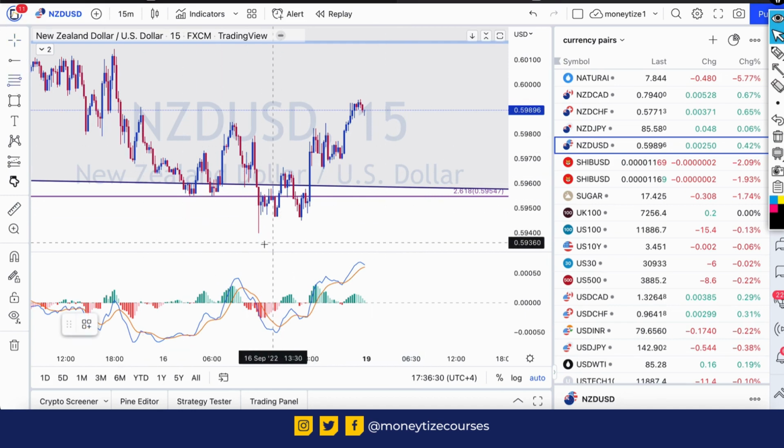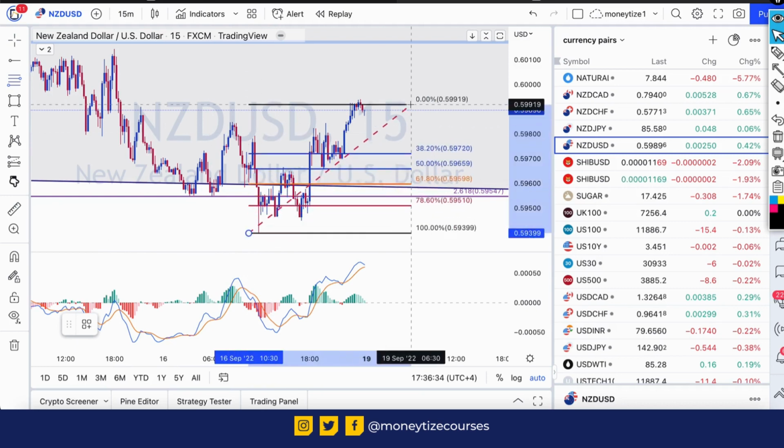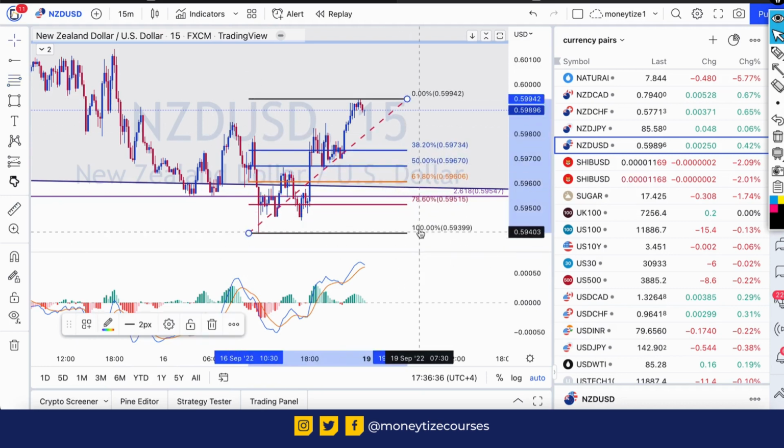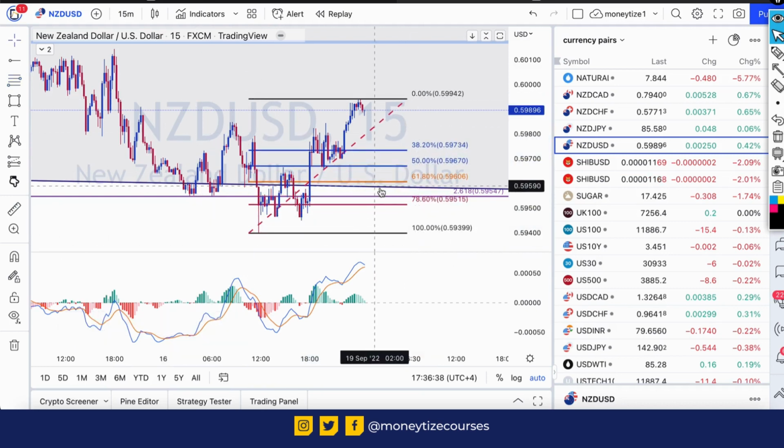So this is the breakout structure. So from the lowest level to the current levels, we can attack somewhere 61.8 Fib retracement area to 78.6.